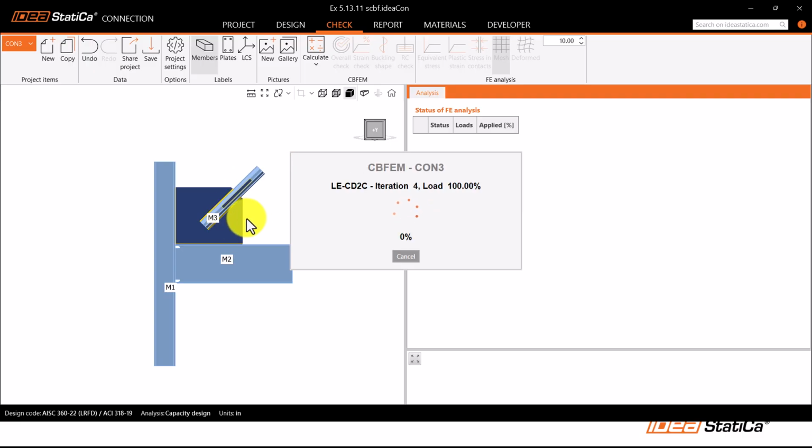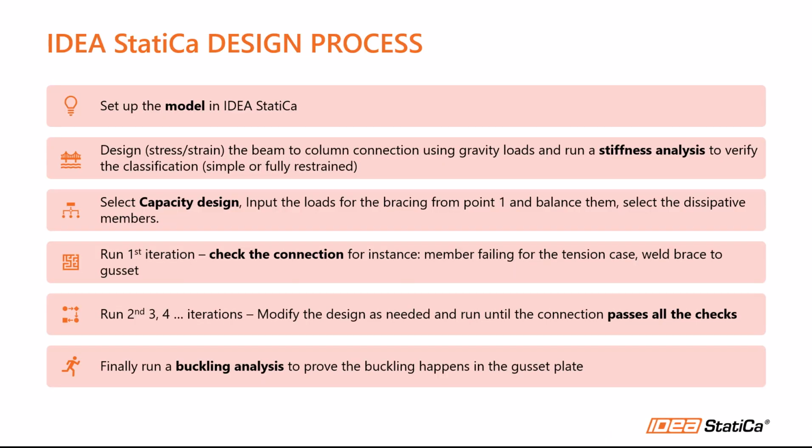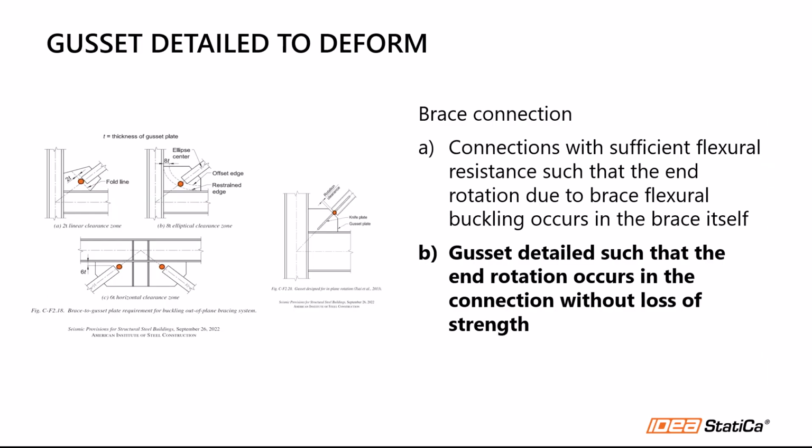With this analysis, we can verify that the gusset plate will be buckling with that input force, which is the main objective of these connections, right? So if we look at the previous slides here, the gusset is detailed such that the end rotation occurs in the connection without loss of strength.